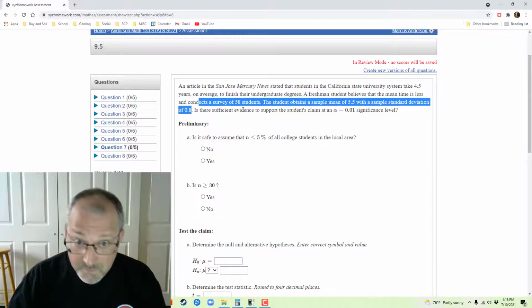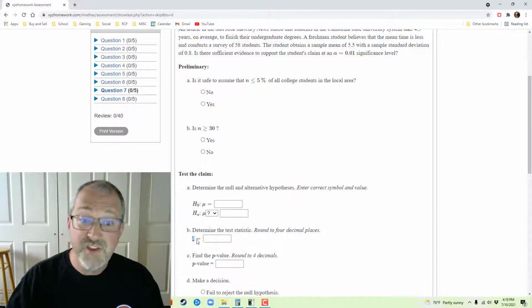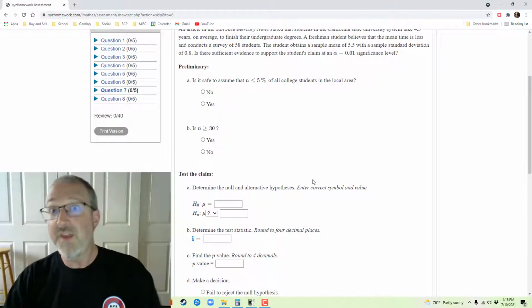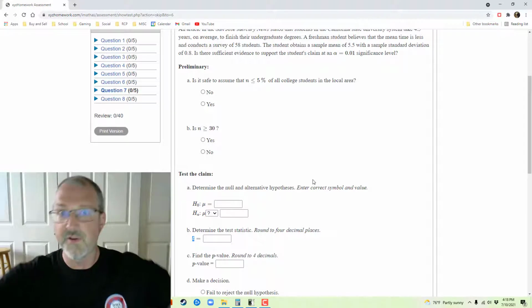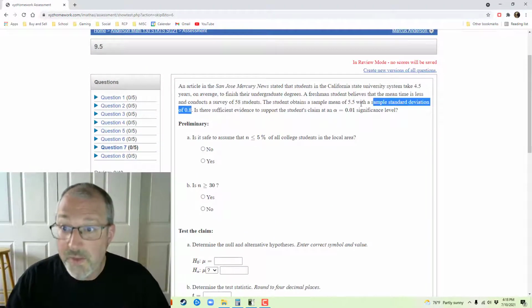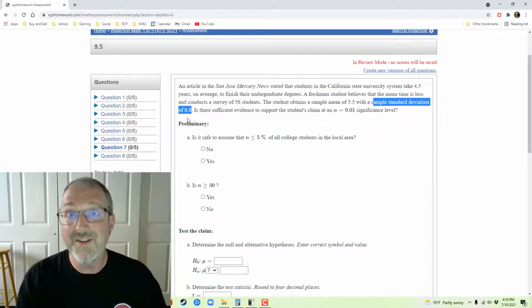But on these XYZ assignments, this might be good as a t, because remember, a t-test is used for sample standard deviations. We don't know the population standard deviation. And this says it right there, with a sample standard deviation, so that technically counts as a t-test.